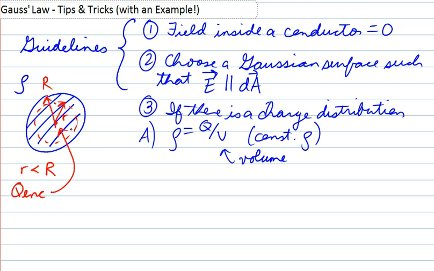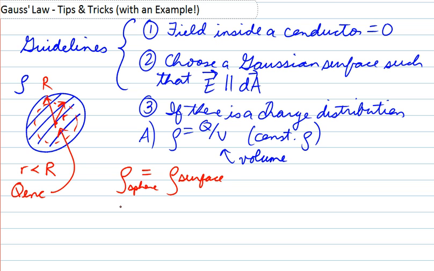That's my Gaussian surface. And because the density is constant, that means that the charge density of the entire sphere is going to be equal to the charge density of the Gaussian surface, or the charge enclosed within it.